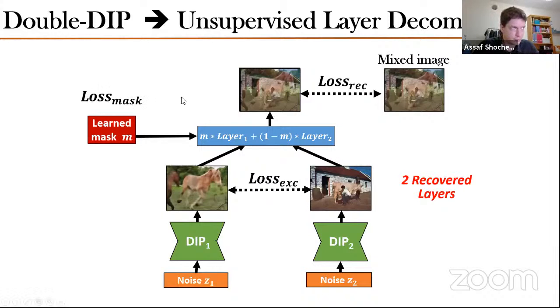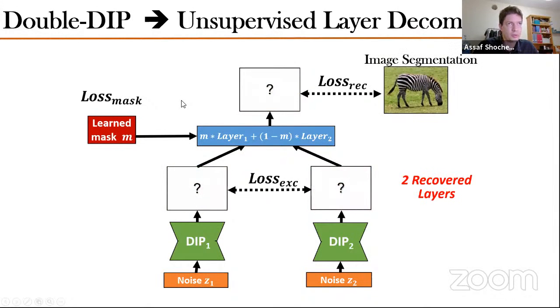So, for example, if I want to do image segmentation, I'm going to encourage this mask to be binary. That is to say, I penalize any pixel value in the mask if it's close to 1/2. I want it to be either very close to 1 or close to 0.